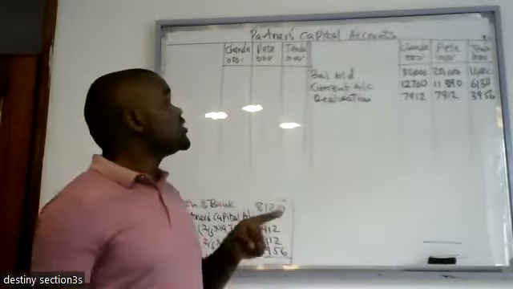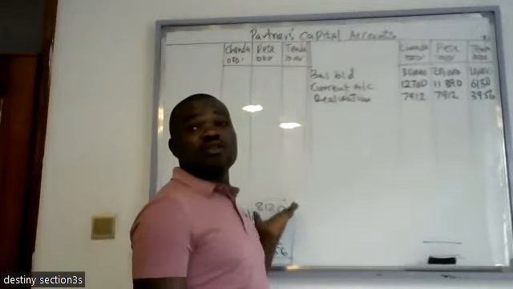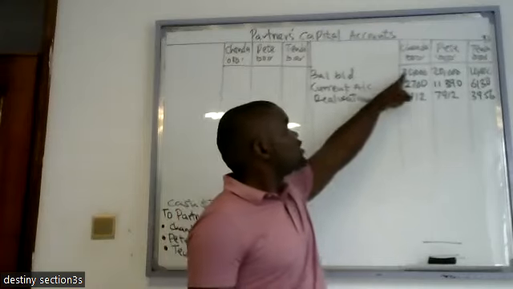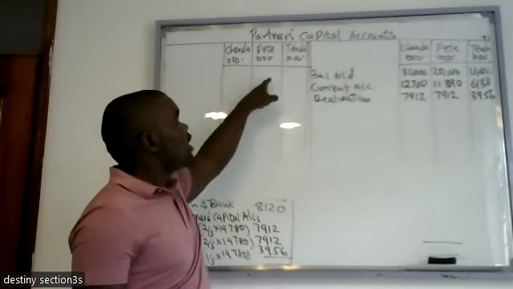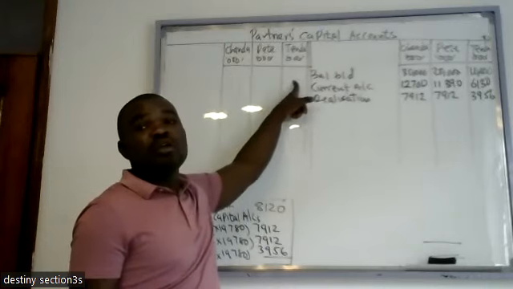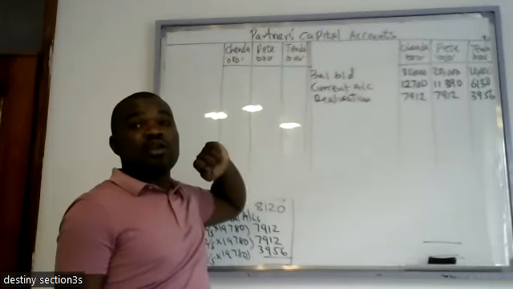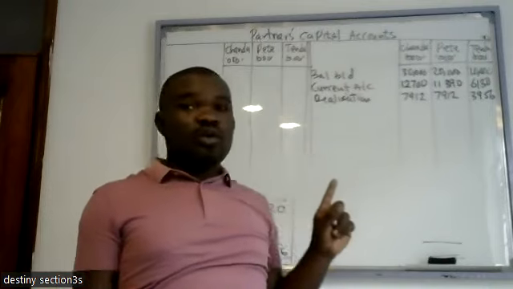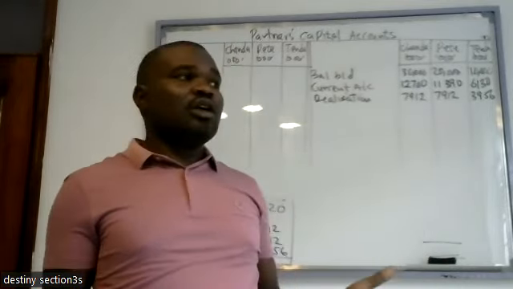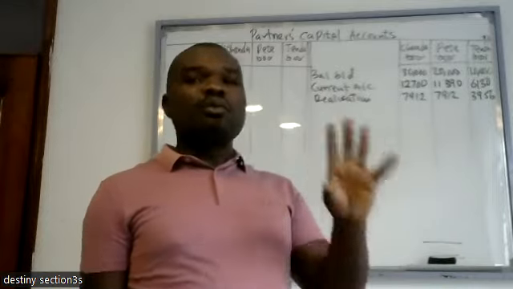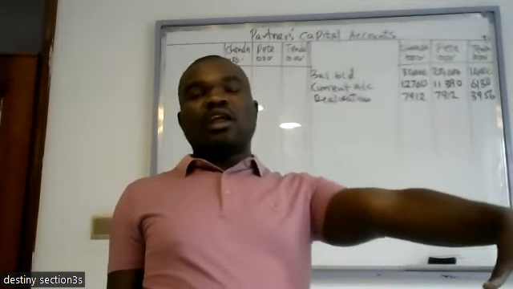When you add the three of them, the balancing figure should tally with 110. If it is not 110, then we are wrong or there's something we have not captured.